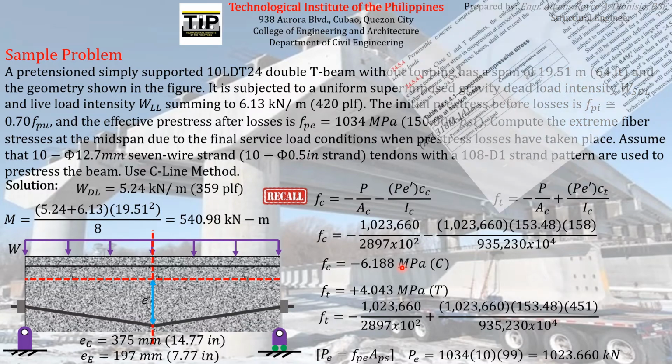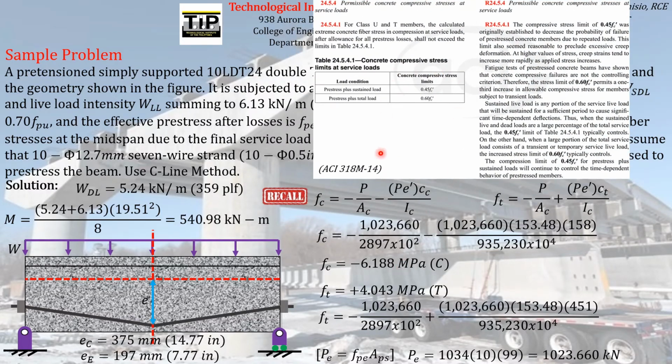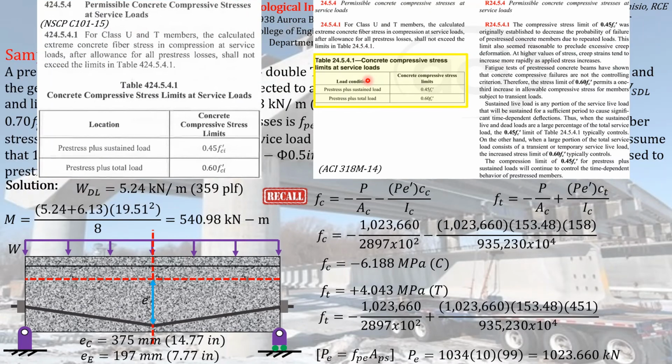So if you refer to our code ACI 318M-14 section 24.5.4.1, you can see this table. Or if you refer to our local code NSCP 101-15 section 424.4.1, you can also see a similar table.